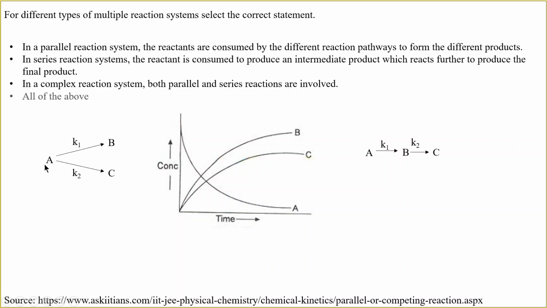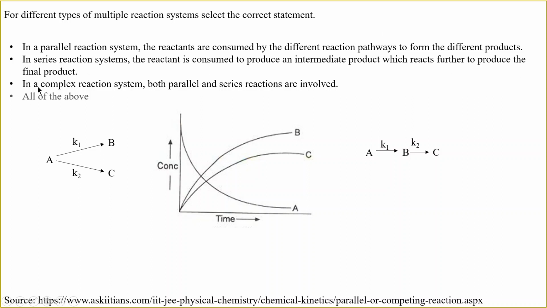Yes, A is forming B and A is forming C. The rate constants are different for both of them, so definitely the pathway for the reaction is also different. Either the order of A forming B is higher, or maybe A forming C is higher than the other one. So the reaction pathways are different in parallel reactions. That is true.